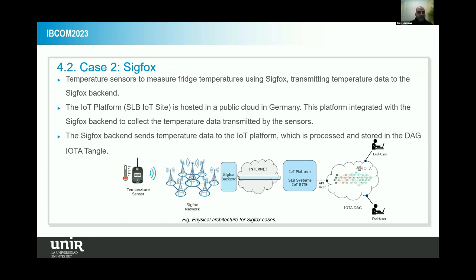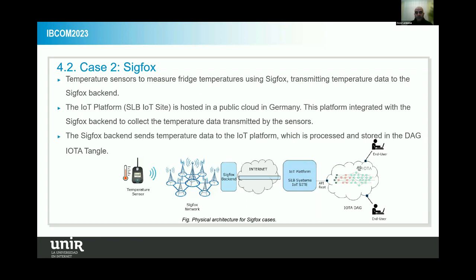The other case that we did was with Sigfox connectivity. In this case, the focus was on using Sigfox connectivity technology to monitor the basic cold chain. So we replaced LoRaWAN, just to compare both connectivities in this architecture.